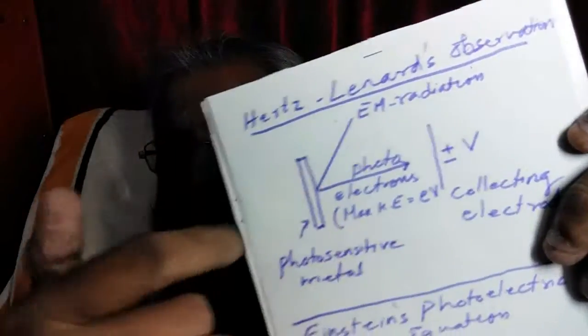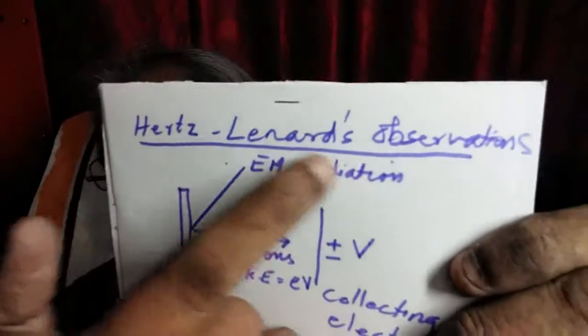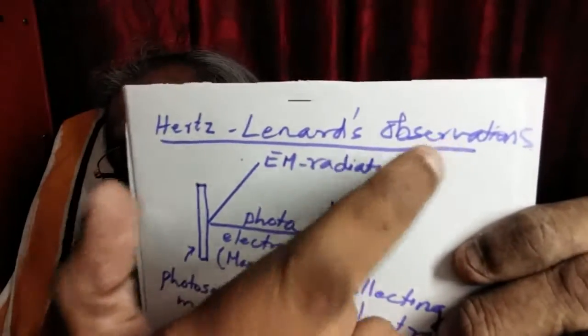A minimum frequency was observed for every photosensitive material below which photoelectrons are not emitted. This frequency is known as photoelectric threshold frequency. These are the major observations made by Hertz and Lenard experiments.